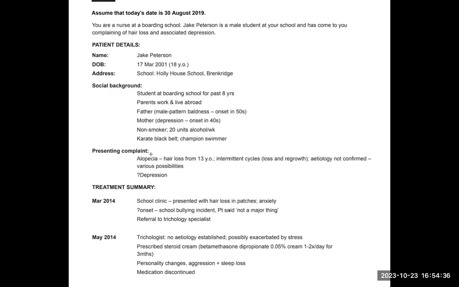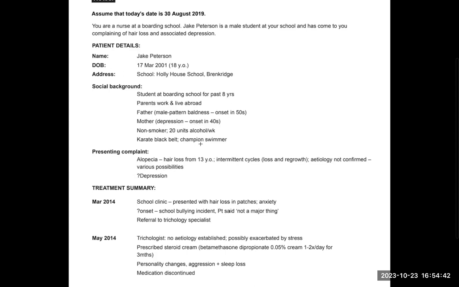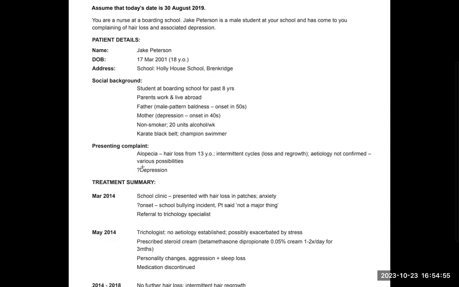And presenting complaint. This is very important. Alopecia, hair loss from 13 years old. So that means now he is 18. That means he has had the hair loss problem for the last 5 years. 18 minus 13, 5 years. Intermittent cycles, loss and regrowth. Etiology not confirmed, various possibilities.